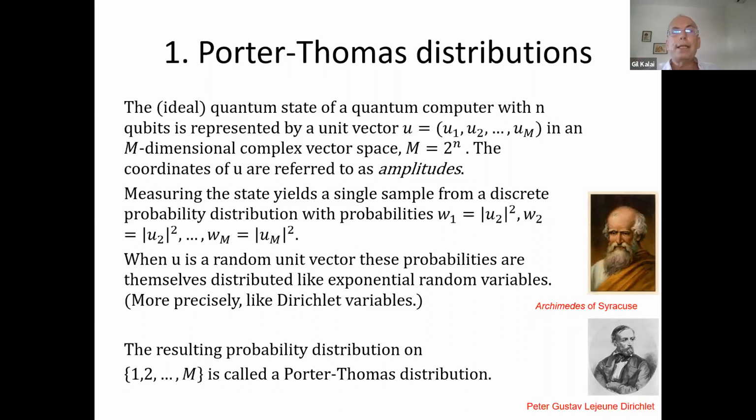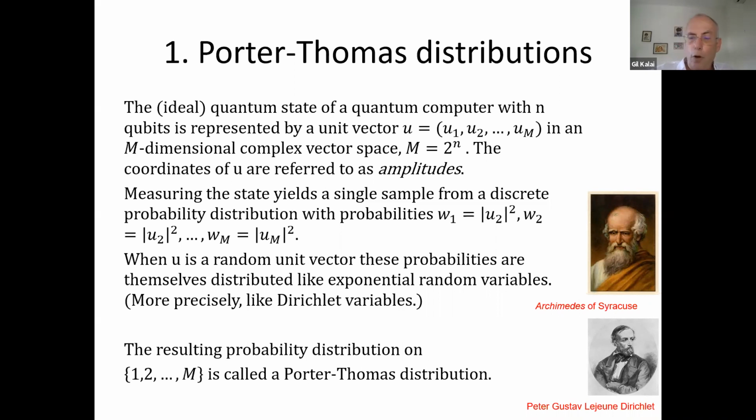And then when we take the sum of squares of two Gaussian variables, we get exponential variables. Now, the resulting probability distribution on this discrete space of size M is called the Porter-Thomas distribution.